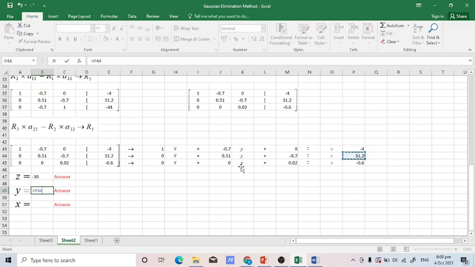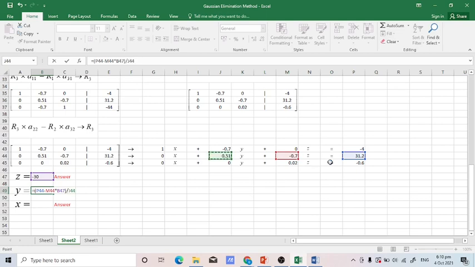Tapos yung y, using algebra, para dito, yung sa second equation, 31.2 minus, ano sinasolve natin? Y. 0.7 minus negative 0.7 times Z. Ano yung Z? Negative 30. All over 0.51. So, bigyan natin ng parenthesis. Kasi all over eh. All over 0.51. Ayun.